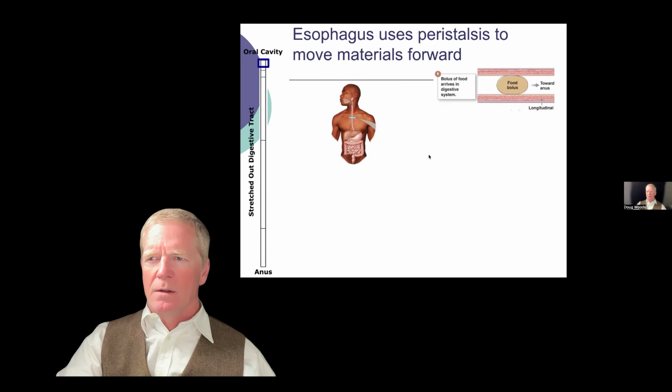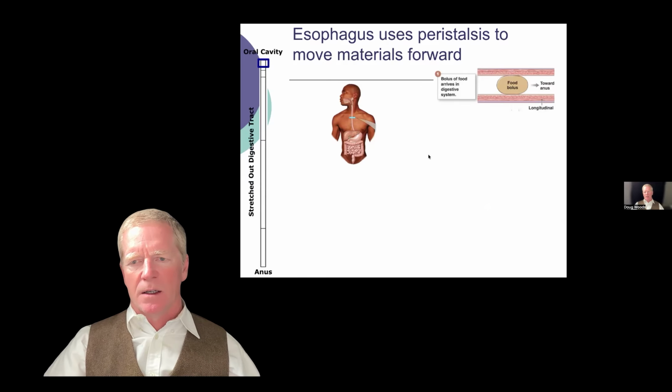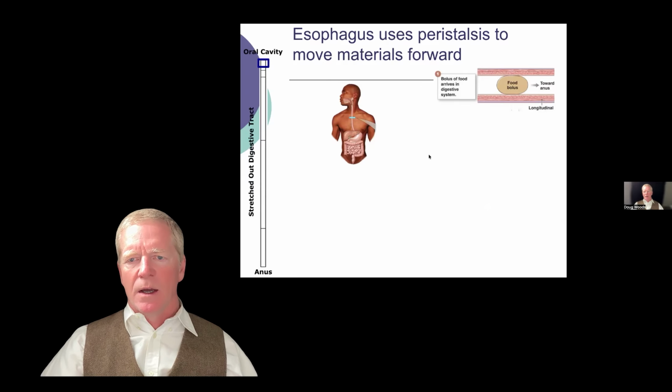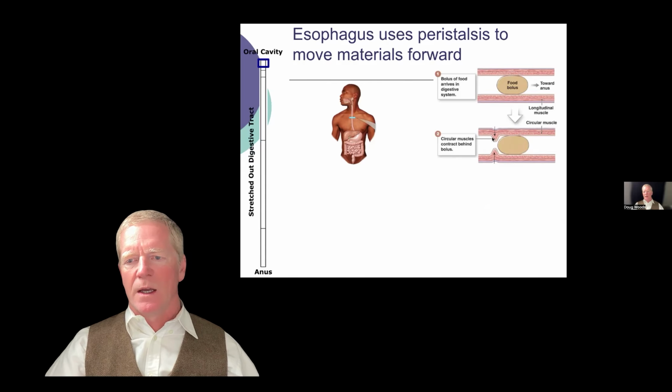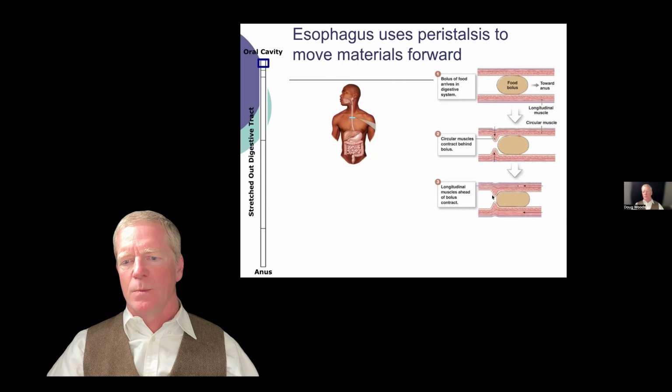Food as it is digested and swallowed is called a bolus. The smooth muscle lining the esophagus is contracting in a rhythmic fashion, which pushes the bolus down towards the stomach by squeezing it.